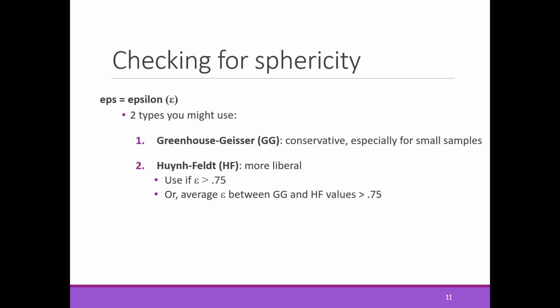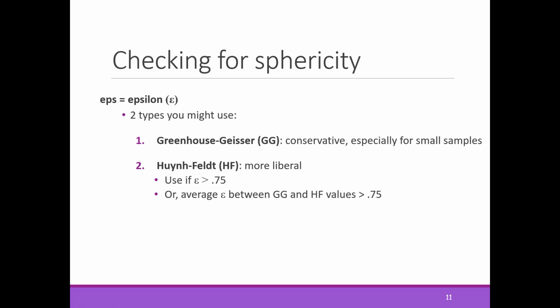There's no hard and fast rule about which one to use. In general, the rough cutoff will be about 0.75. If you notice that the epsilon tends to be greater than 0.75, then I would use Huynh-Feldt. If you notice that epsilon tends to be lower than 0.75 and on the low side, then I would use the Greenhouse-Geisser epsilon.